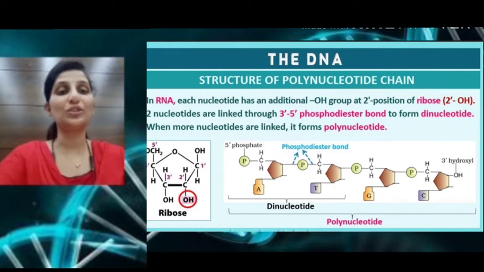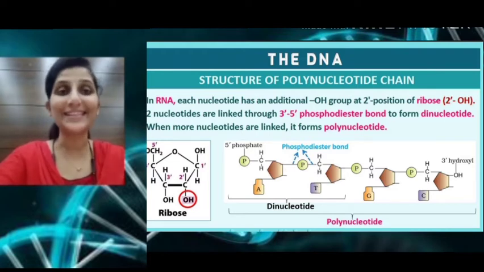It's very important to know that in RNA, each nucleotide has an additional OH group. When compared to DNA, RNA has a hydroxyl group present at the second carbon atom. Whereas this hydroxyl group is absent, or the oxygen is absent, in the case of DNA, and hence the name deoxy.